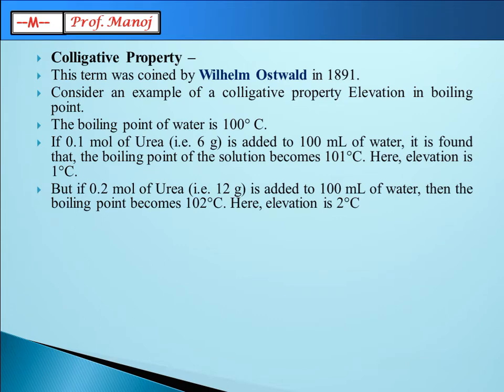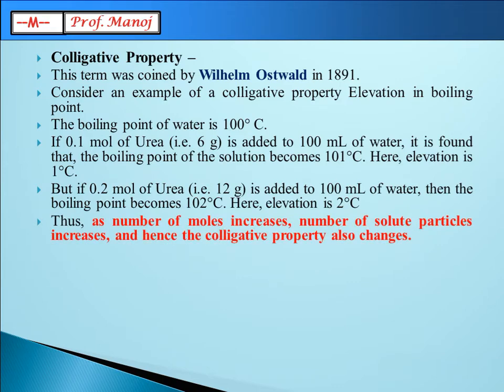Now the boiling point of this solution is found to be 102 degrees Celsius. Elevation has become 2 degrees Celsius. We can clearly see that if 6 gram urea contains X number of particles, 12 gram urea will contain definitely double the number of particles. So as the number of particles increases, elevation in boiling point increases.